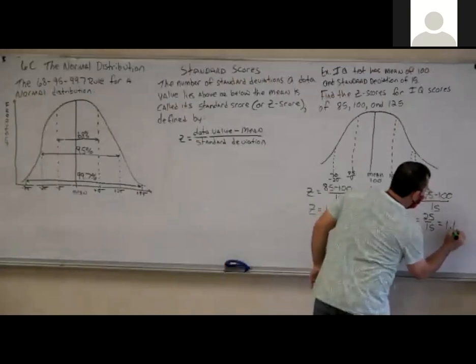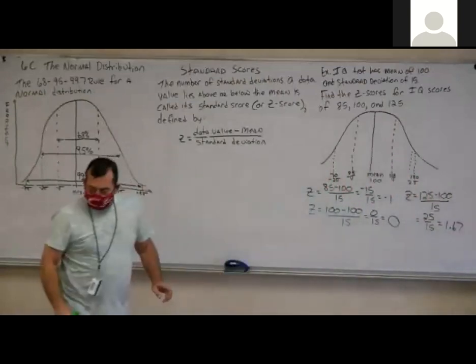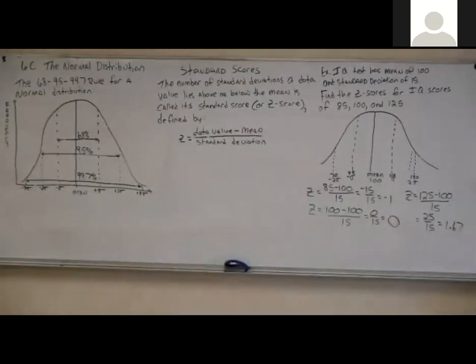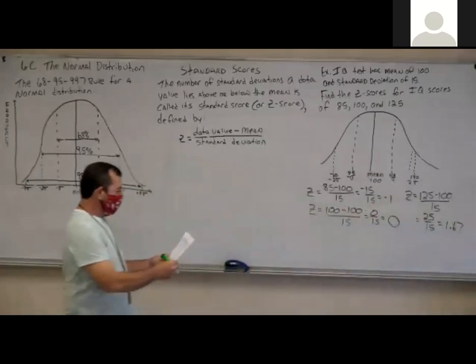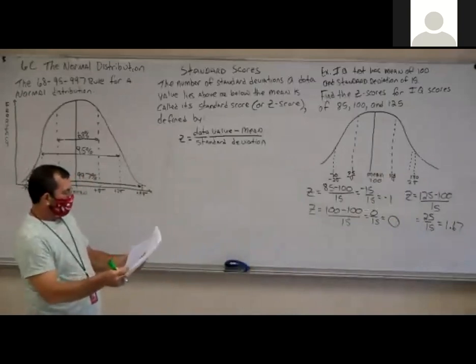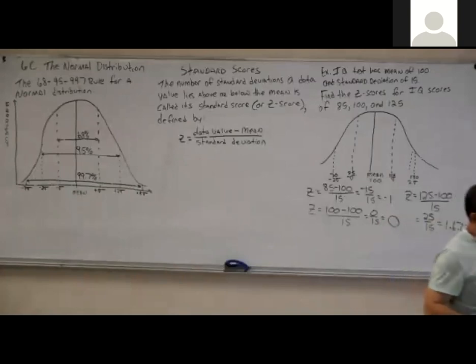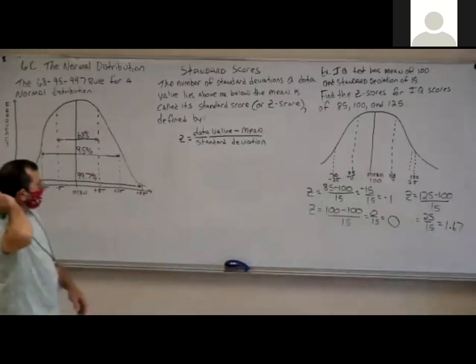So I might go 2 decimal places or so. But look at that chart I gave y'all. Oh, we won't use that on this one. We'll wait on this, because it's giving you the percentile of people that'll get that score. They're not really asking that yet, so we'll wait on that.